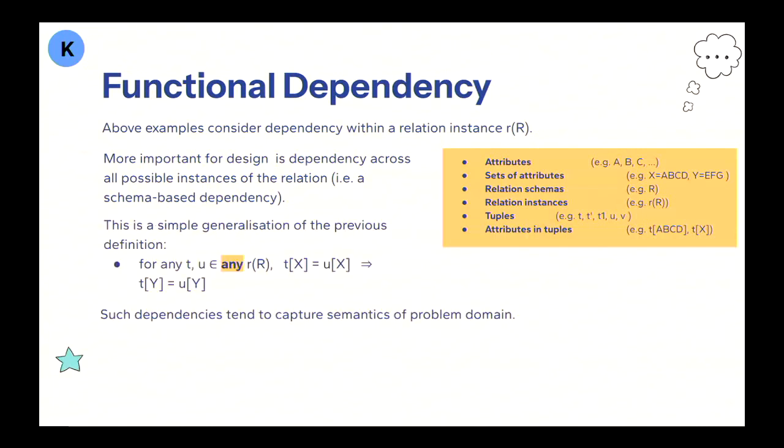So we can do a very simple generalization of the formal definition for functional dependency. Instead of t, u from a particular R, we can add a keyword any here. It's very simple. We just add one keyword here. So this will also hold.